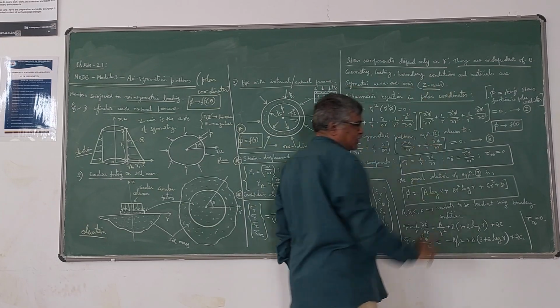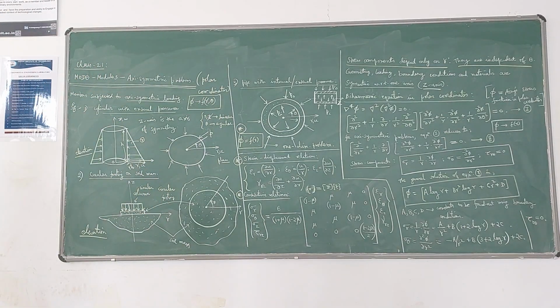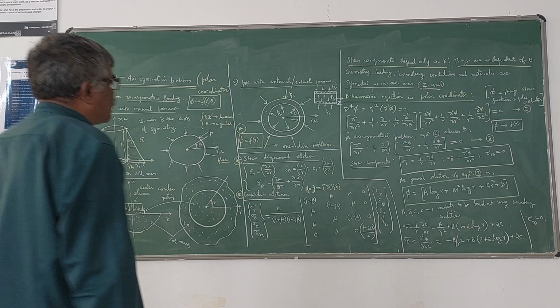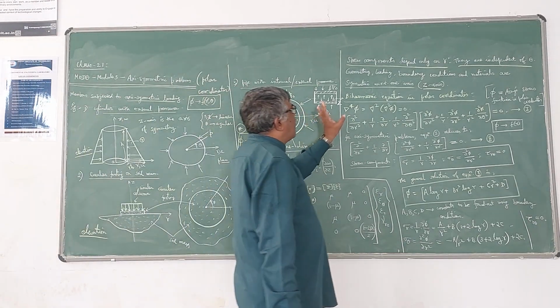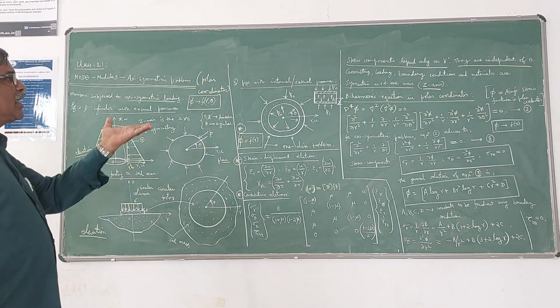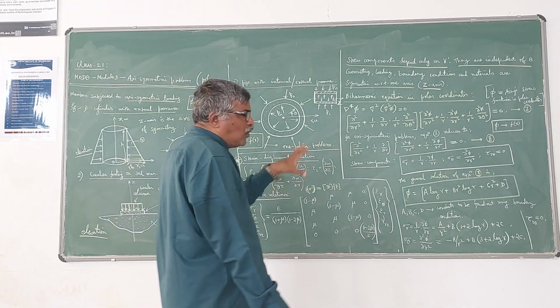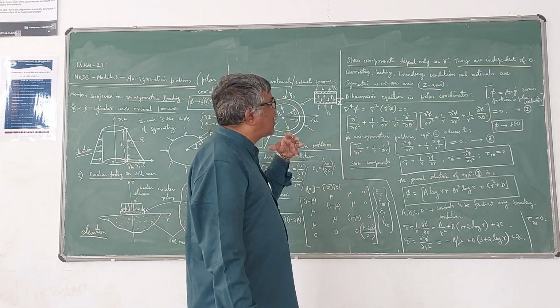So you can see that geometry, loading, boundary conditions and materials are all the same with respect to that axis of symmetry, which you can take as the z axis.